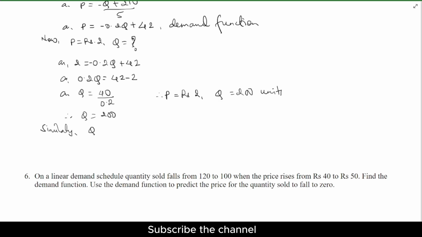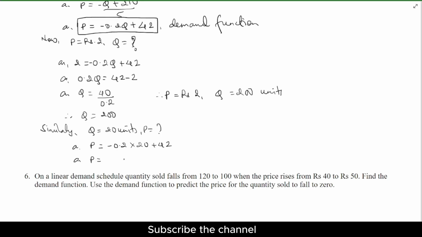Similarly, quantity equals 20 units. Then what will be the price? We'll put this value in this equation. Price equals minus 0.2 times quantity 20 plus 42.